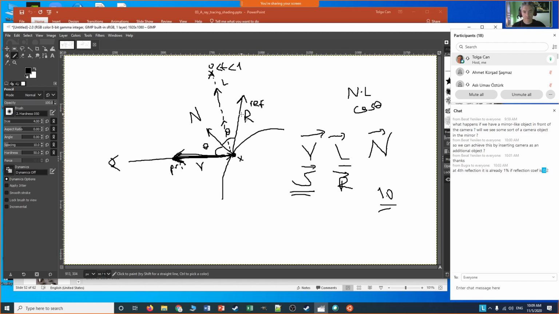Now, our goal is to compute r, given v and n. What is r if v and n are given? If you look at the situation around x, at how v and r are looking, we see that if I add v plus r, I get a vector in the same direction as the normal vector.